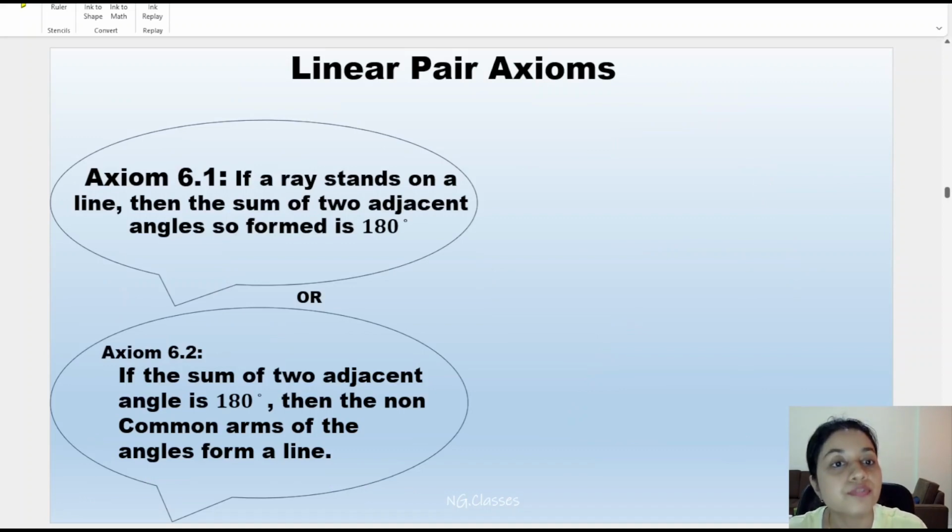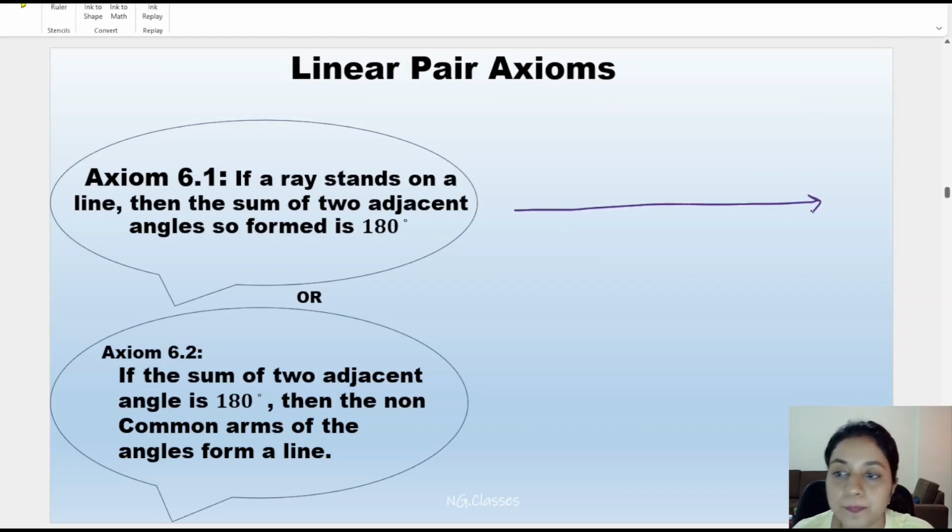So here our first axiom says if a ray stands on a line, so if a ray is standing on a line, anyway it's just standing on a line. Let's see, we have a line AB and on this line there is a ray. We can draw the ray anyway. Let's draw the ray.